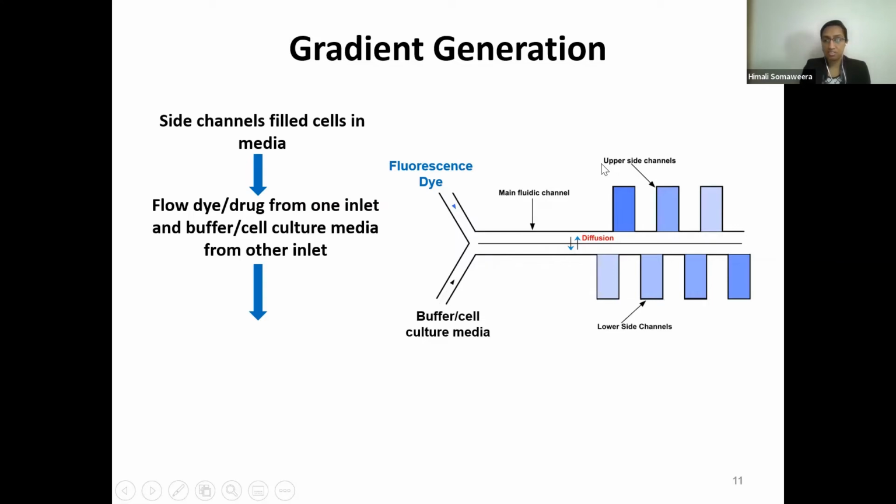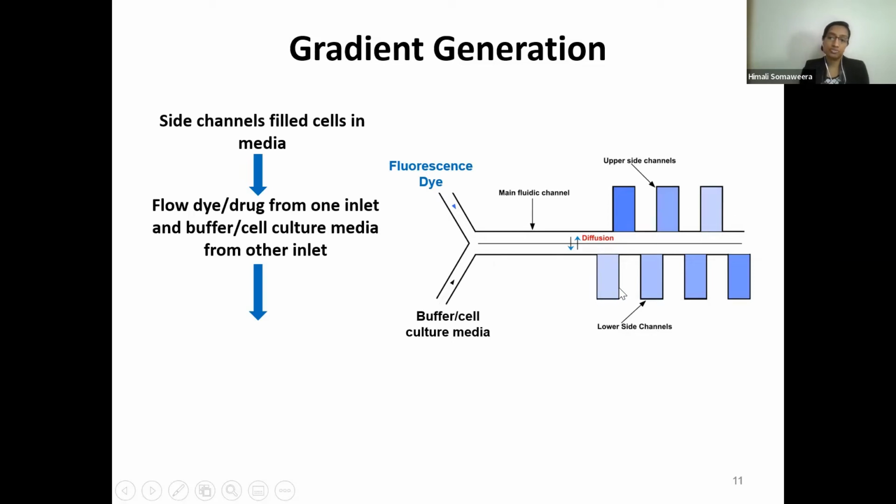I refer to these channels as the upper side channel and the lower side channel throughout my presentation. When diffusing to each other, initially you have a high concentration of the fluorescence dye in the upper side channel, and as a function of distance, that concentration decreases.